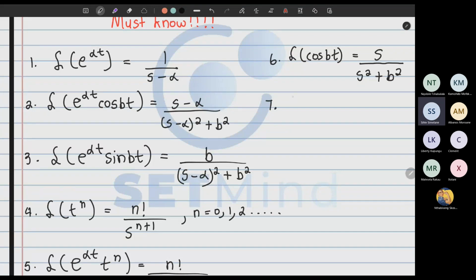Number 7, the Laplace transform of sine bt, that is b over s squared plus b squared.